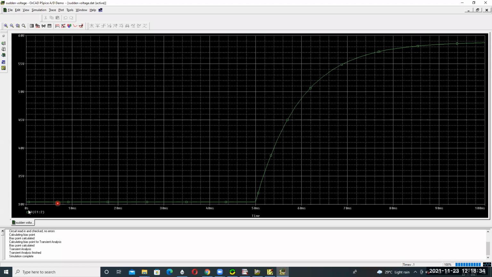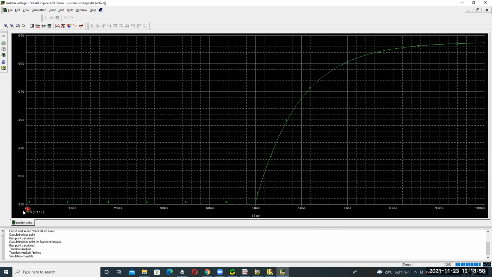In this way, the initial voltage across the capacitor is 30 volts. That's why the scale is set to display 30 volts, and I'm taking the scale as 100 milliseconds.